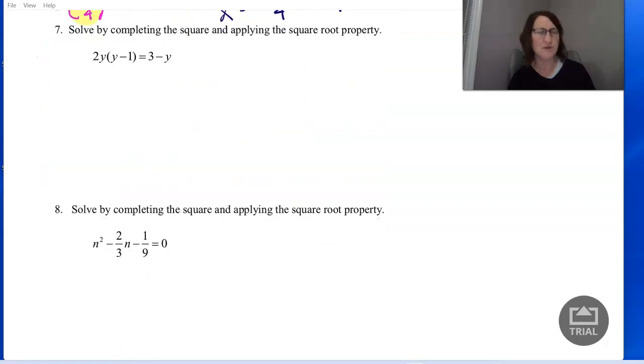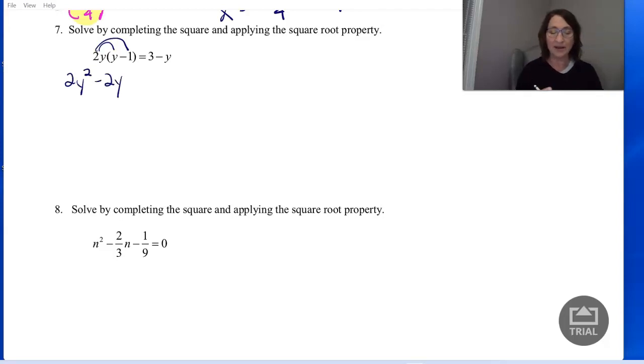7 looks a little different. So with number 7, I'm going to go ahead and distribute that 2y first. So I've got 2y squared minus 2y equals 3 minus y. All right.